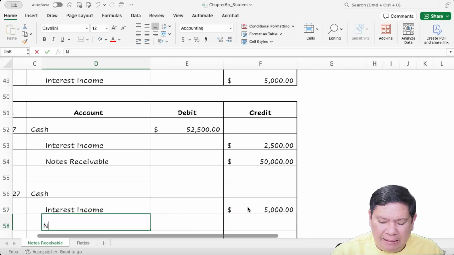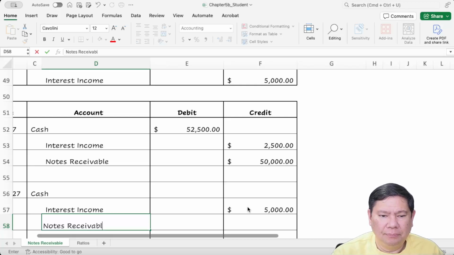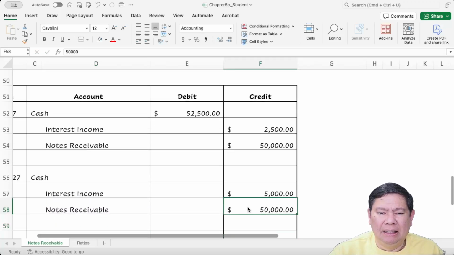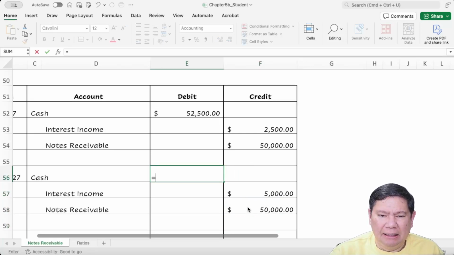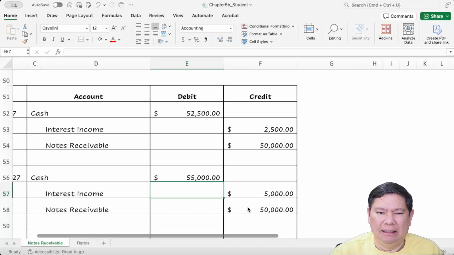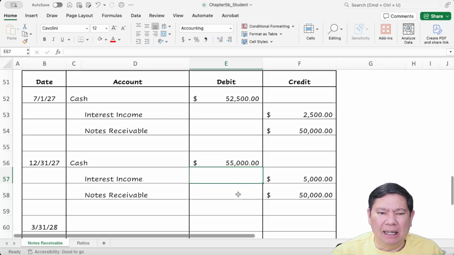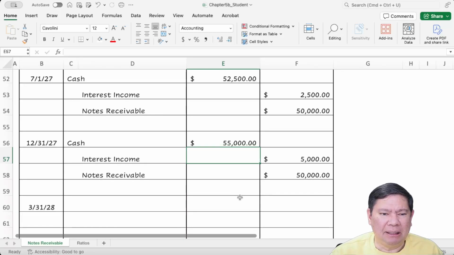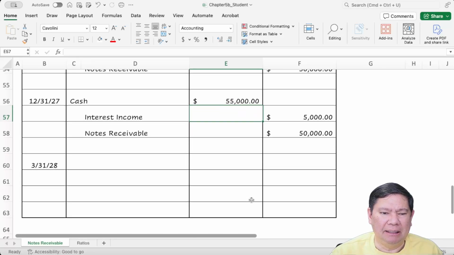And then we cancel the notes receivable, $50,000. So cash will be $55,000. Okay, that's the journal entry for the payment on December 31st, 2027.